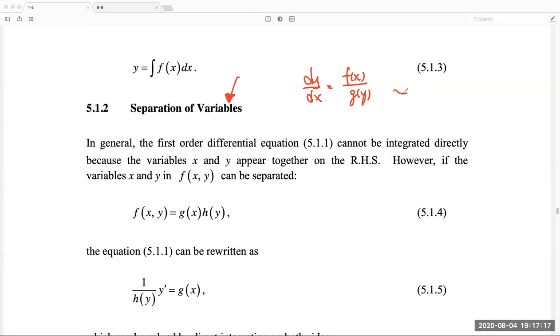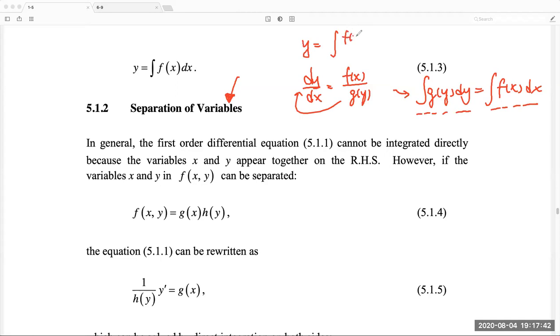What we do is multiply g(y) on one side and f(x) on the other, and then take the integration on both sides. On the left hand side it is a variable of y only, and on the right hand side a variable of x only. Then we have solved the equation already. But we can't directly take the integration from this equation because we don't know how to express y as a function of x yet.